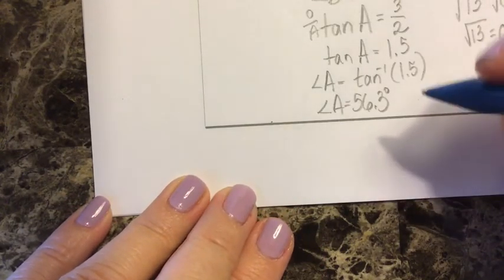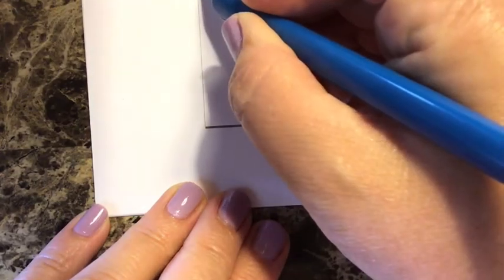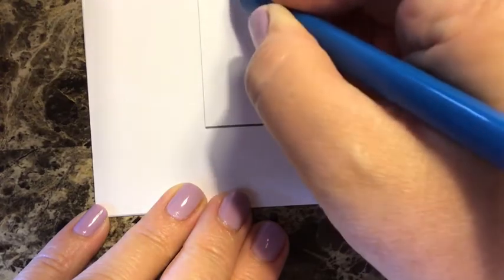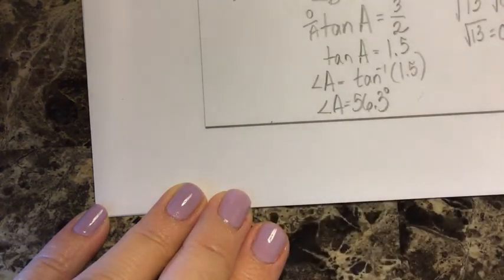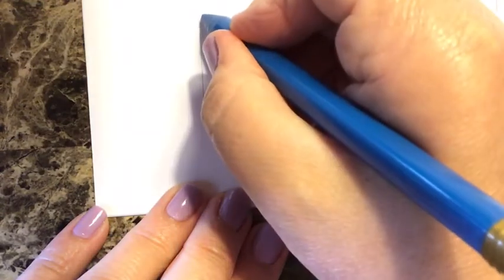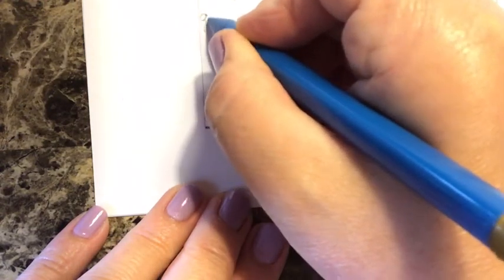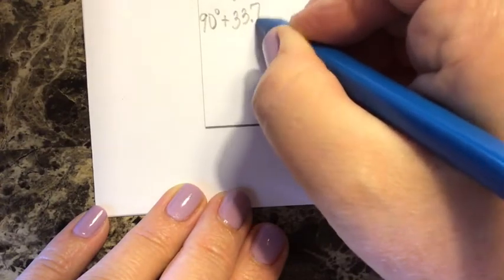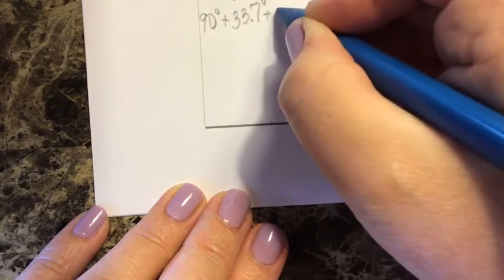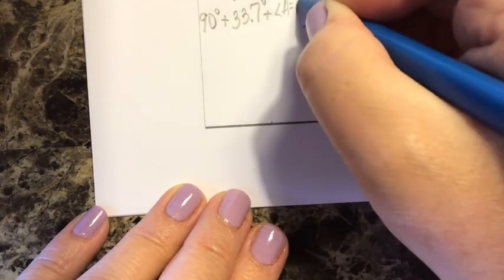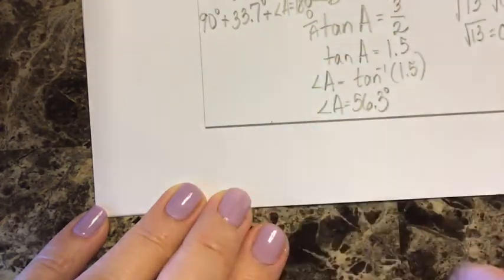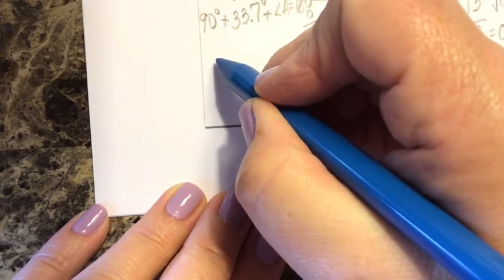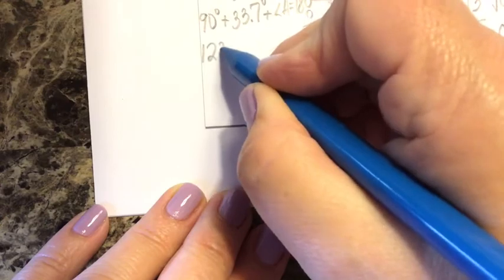You could have used the fact that the sum of the angles of a triangle is 180 degrees. You knew angle C was 90. You knew angle B was 33.7. You did not know angle A. 90 plus 33.7 is 123.7.